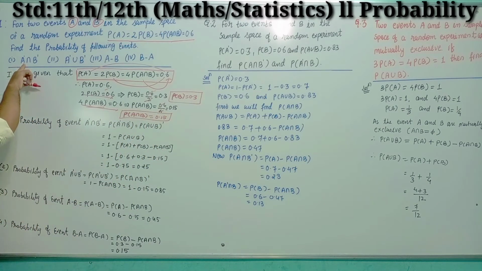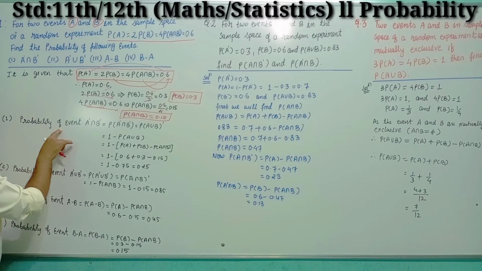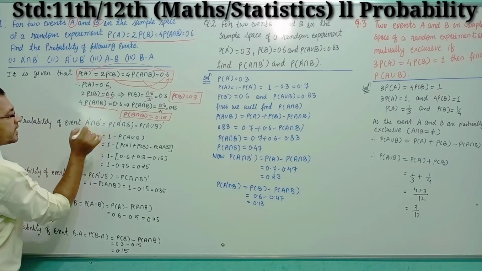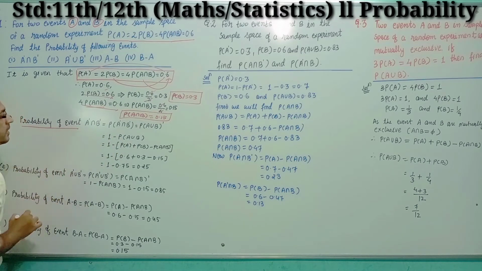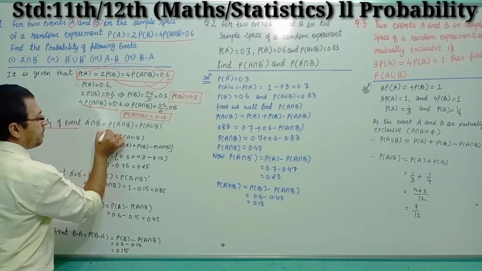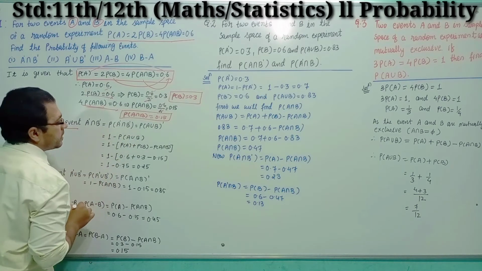Okay. Now the first question is what? We want to find out the probability of A intersection B dash. So the probability of event A intersection B dash can be written in short as P of A intersection B dash, right students?